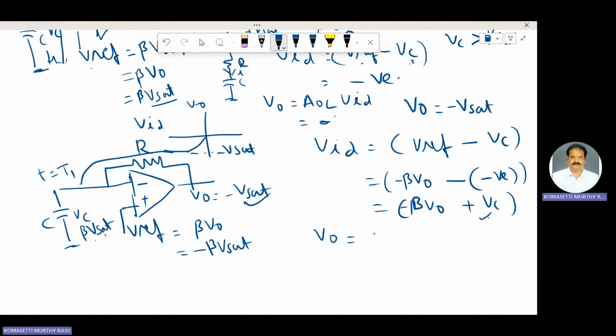Therefore, the output voltage is equal to the gain times VID.